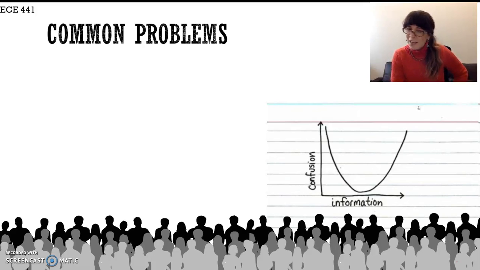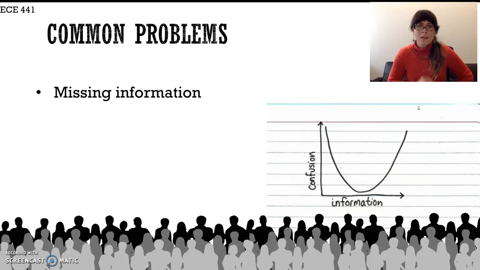When you don't have any kind of context at all, it's super confusing. It can be really difficult to figure out what you're supposed to do with this document or why you're receiving it. Okay, and then on the other hand, too much wordiness, too much information is also unhelpful. That also leads to confusion. You really want to get in that sweet spot where you have the right amount of information to reduce confusion.